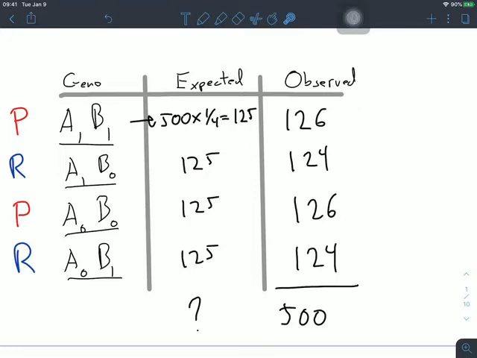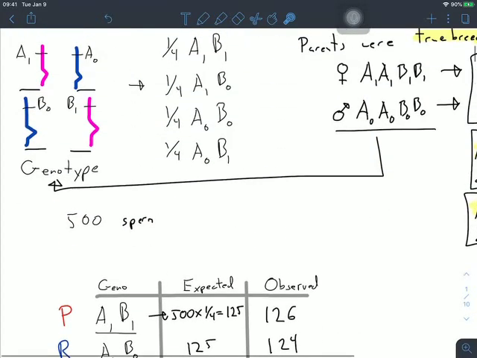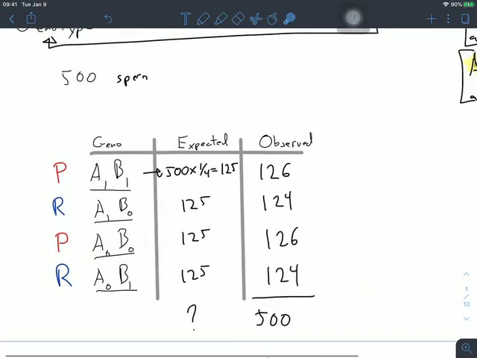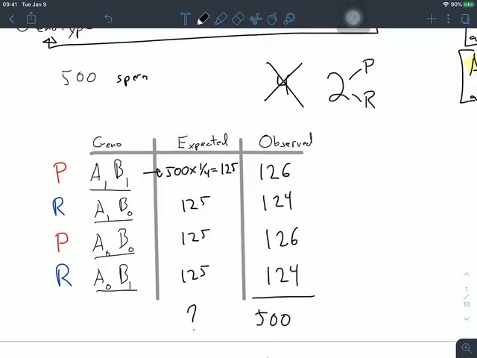But remember, every single time that we make one recombinant, we make two. So when we are looking at our numbers, we do not want to separate them into 4 categories. We instead want to separate them into the 2 categories of parental or recombinant.